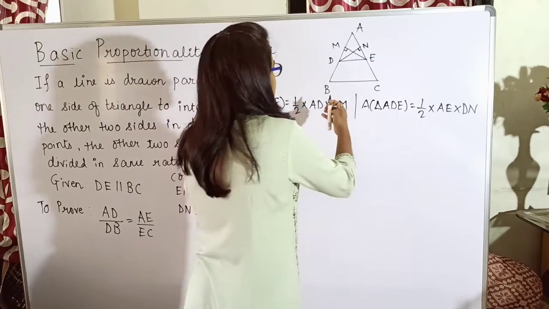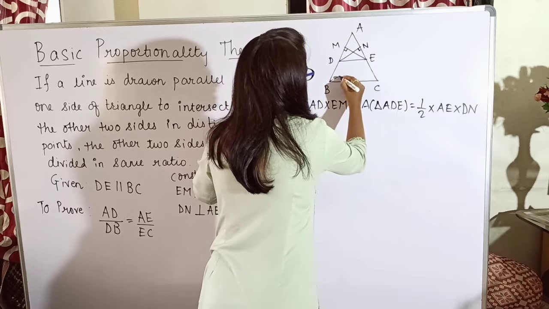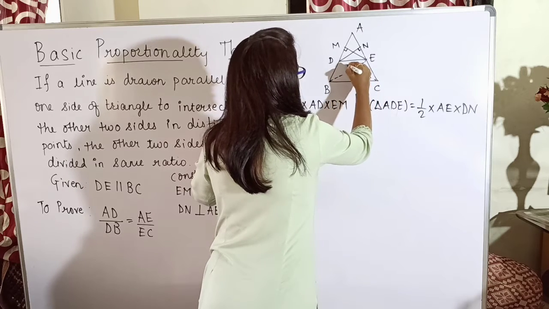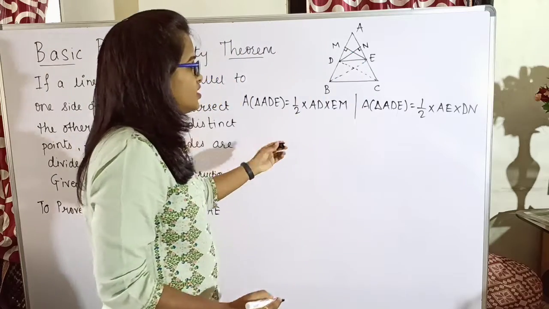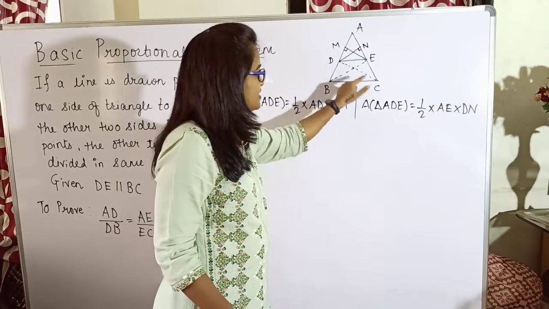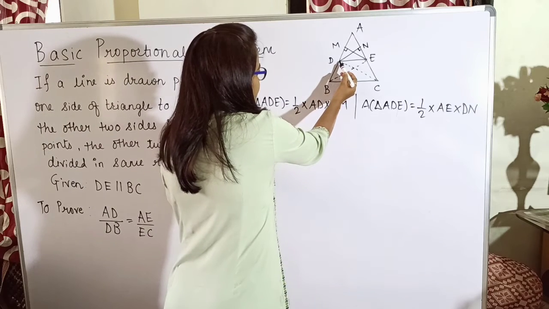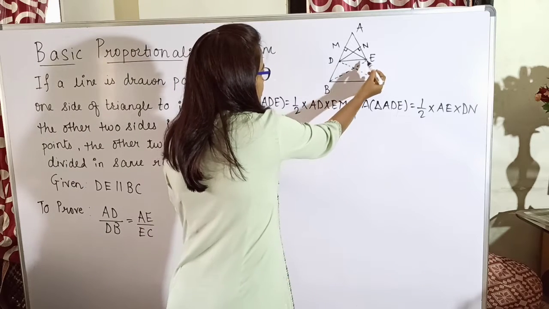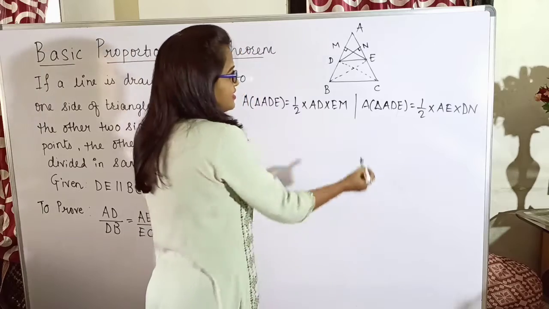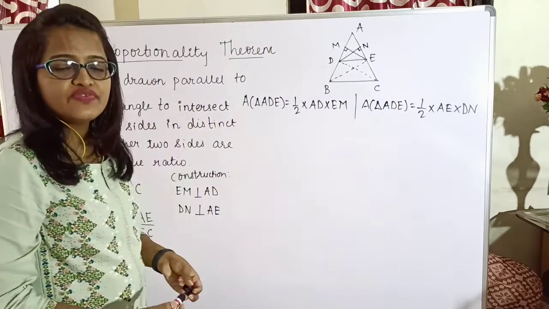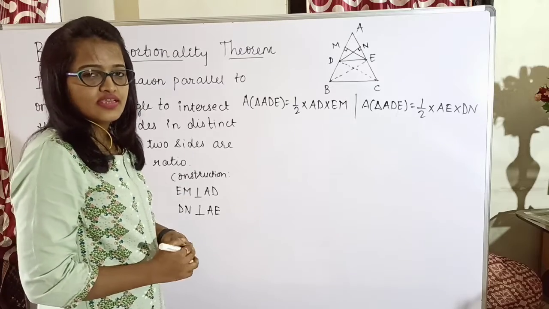Let us join BE and CD. Okay, so once you join BE and CD, can you see there are two triangles forming? One triangle is DBE and the another triangle is DCE. What is the relation between the areas of the triangle?